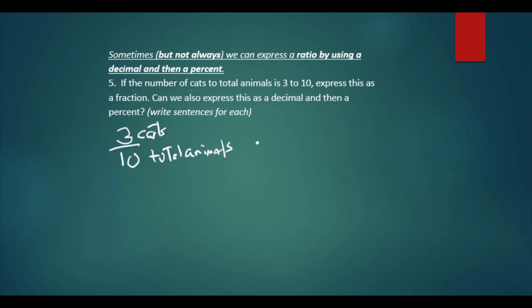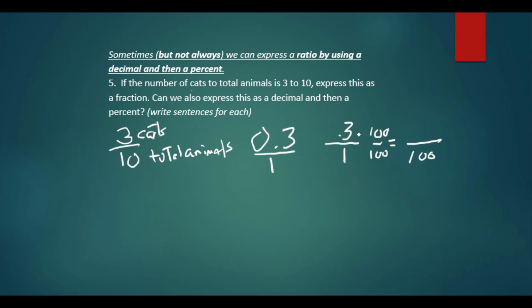As a decimal, you just divide it, right? So there's your decimal. And as a percentage, if you recognize 0.3 is the same thing as 0.3 over 1, which I also should put here, and a percentage is a part per 100, I can change this by multiplying it by 100 over 100, which is 1.